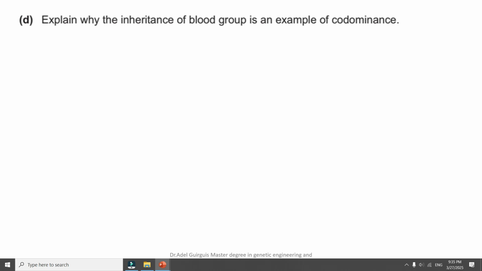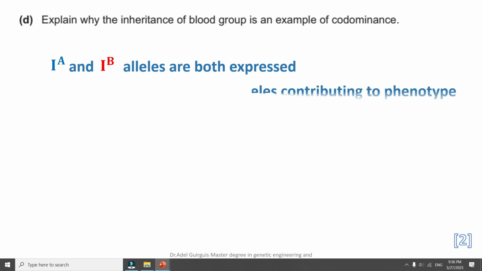The trait of the heterozygous individual is created by two different alleles with the same power. So blood group is an example of codominance. IA and IB alleles are both expressed in which individual? In blood group AB individuals.